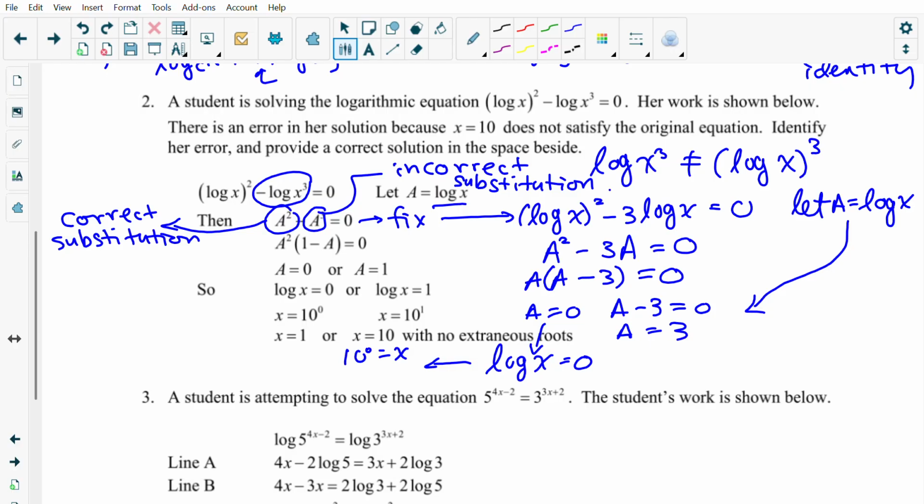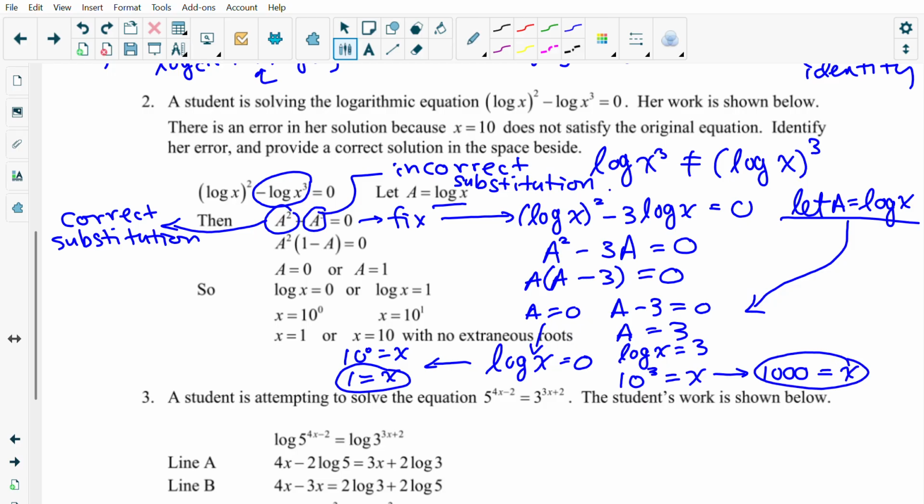I'm going to convert it to an exponential expression, and then if I evaluate, that means 1 equals x. That's one of my solutions, which I'll check. And then here, a equals 3, so that's log of x equals 3. Convert to an exponential expression, 10 to the third equals x, and I get 1,000 equals x.